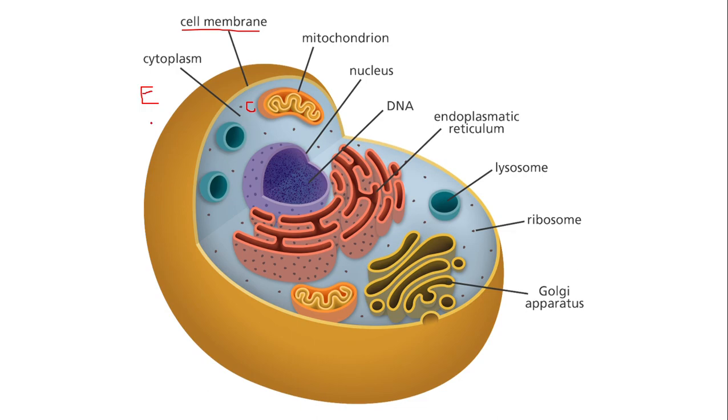So when we discuss the structure of the cell membrane, these two things are important. On the outer side, extracellular fluid is present, and the inner side of the plasma membrane is bounded by cytoplasm, or simply cytosol.